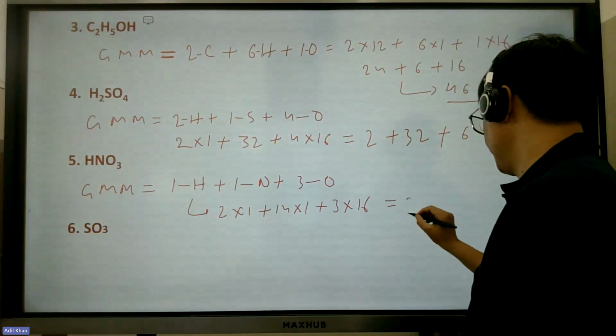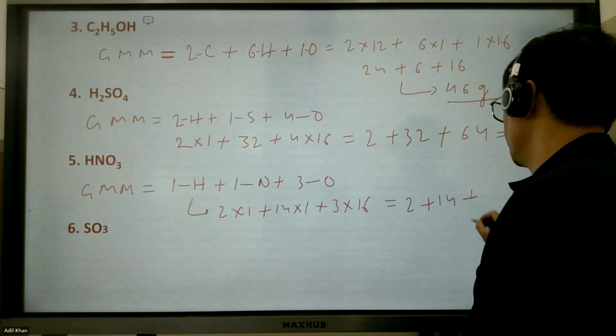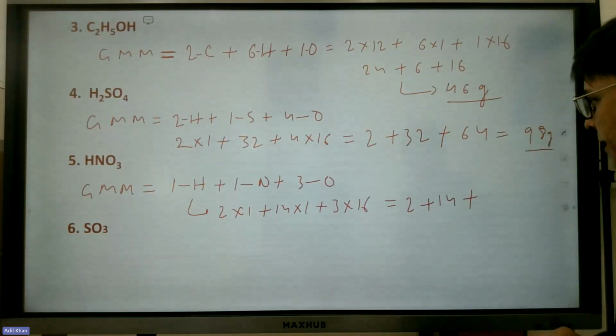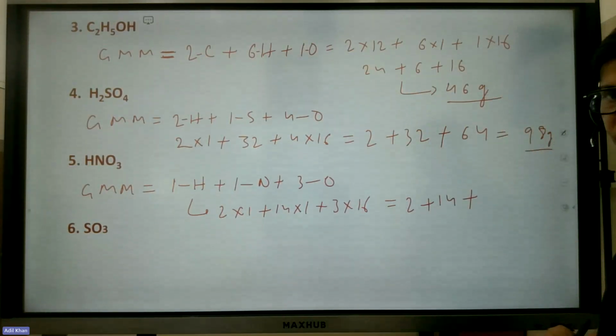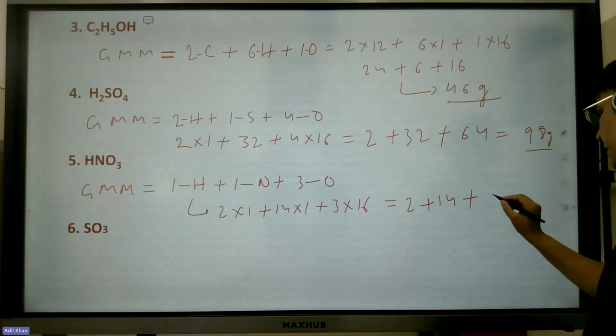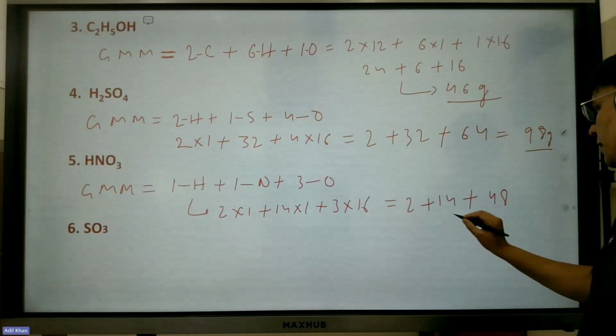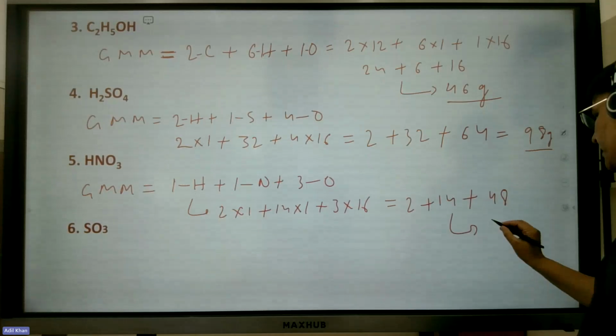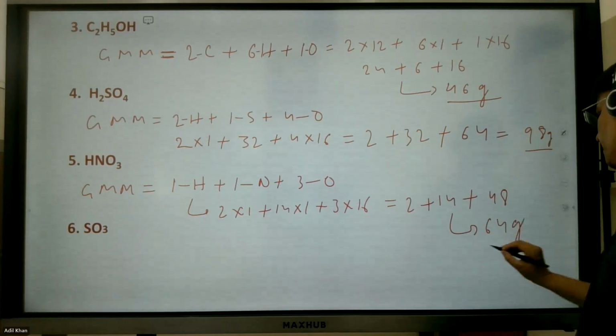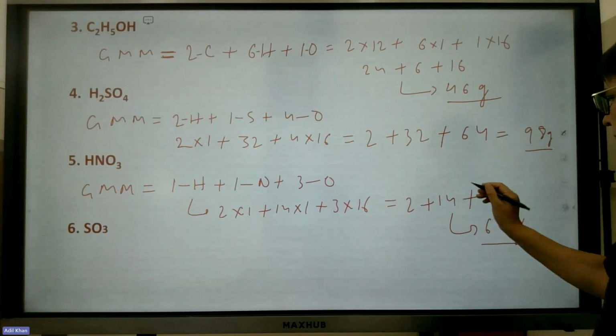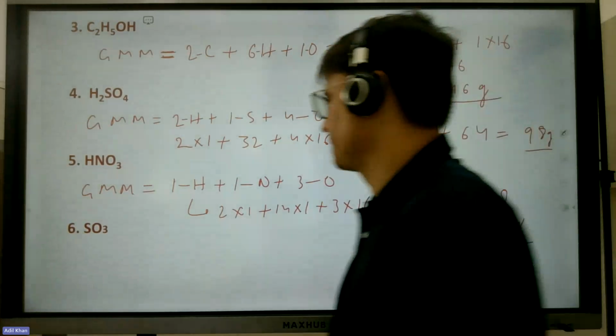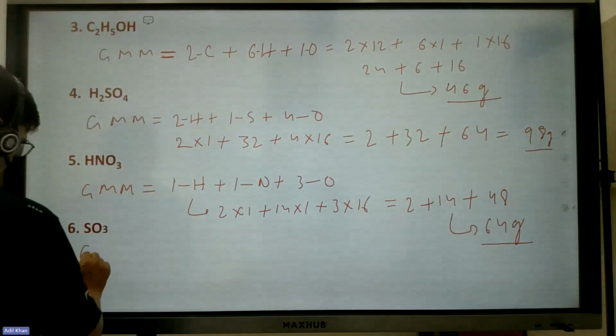So 1 plus 14, 16 into 3 is 48. So 48 plus 15 is 63. Correct? Yes.